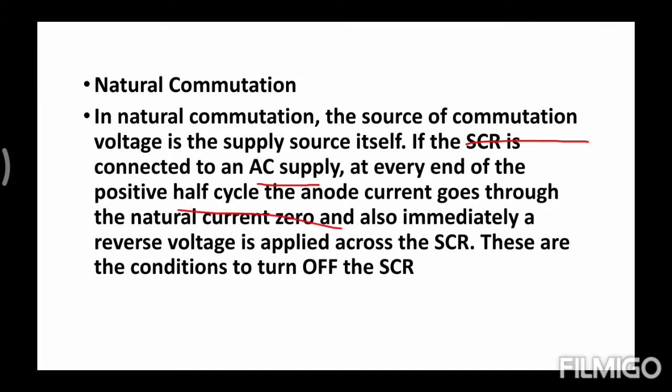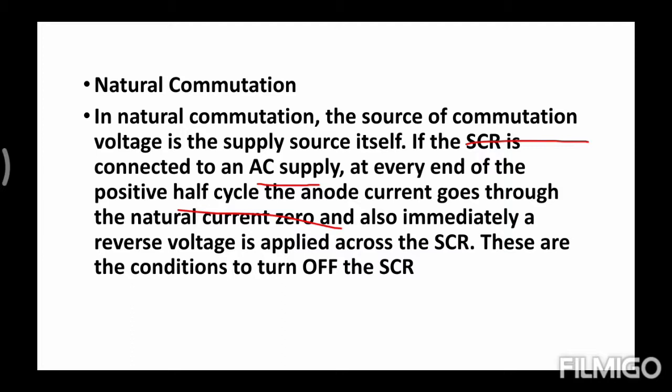How is natural commutation applied? Suppose the SCR is connected to the AC supply. If you observe the AC waveform, the positive cycle reaches zero at a particular point. That means the SCR current reaches zero at that point.